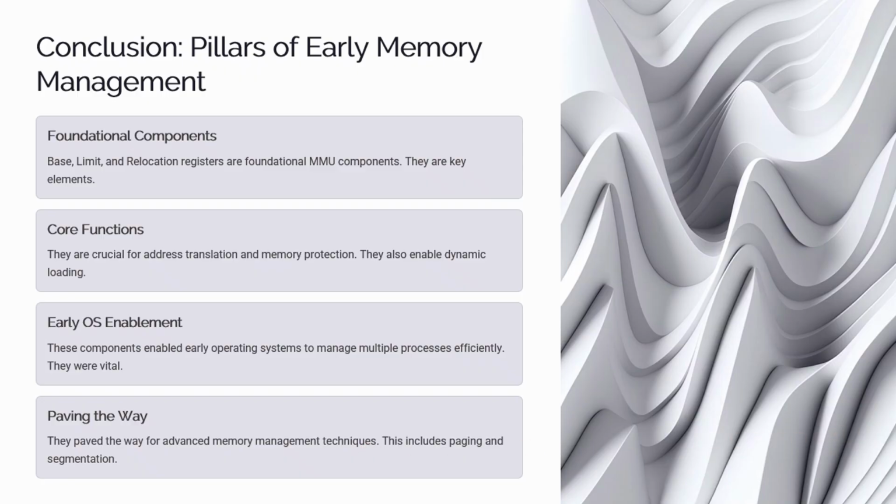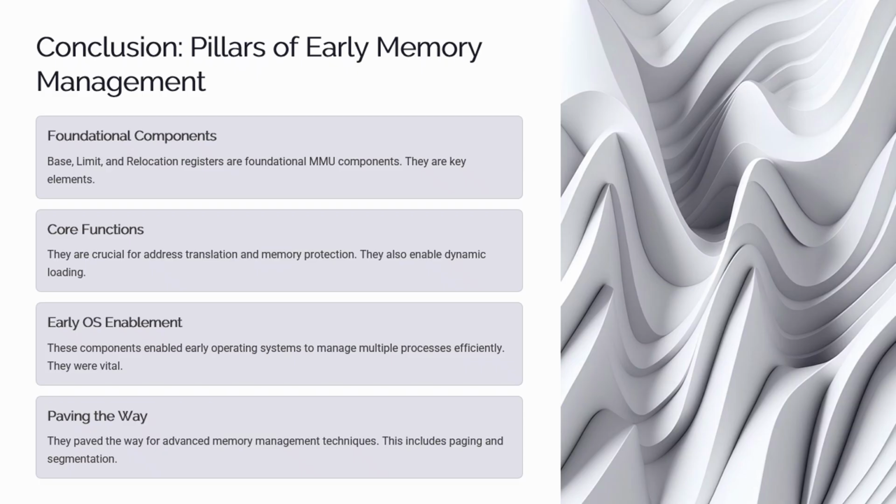The base, limit, and relocation registers are the pillars of early hardware-based memory management because they provide secure address translation, strong memory protection, and the ability to dynamically relocate programs.